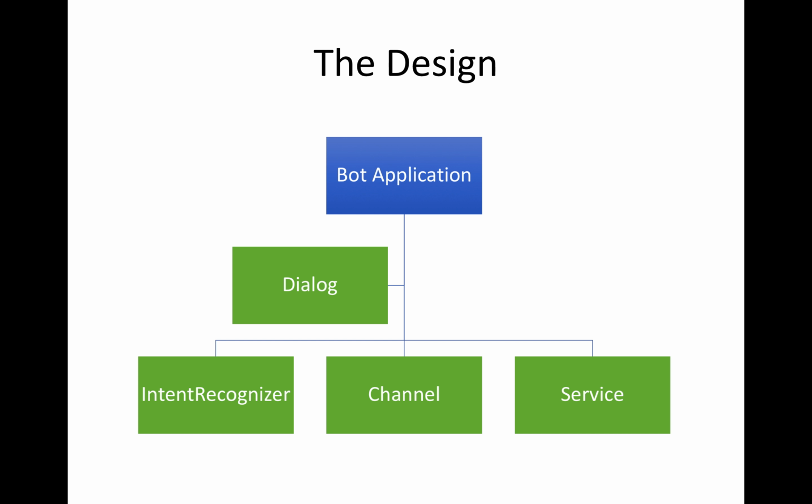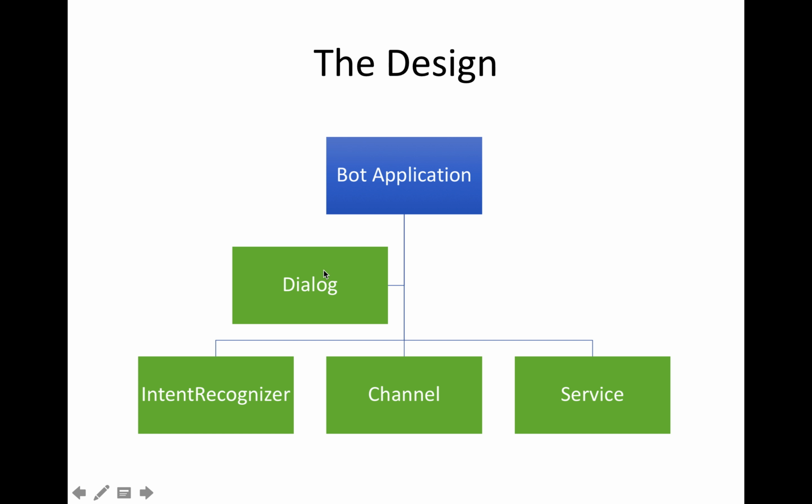Okay, so here's the whole picture of our boat engine. On the top is a developer-developed boat application. It could be like a hotel boat application or any kind of chatbot. It initializes a communication from the dialogue, and the user can interact with the boat engine and send a message.